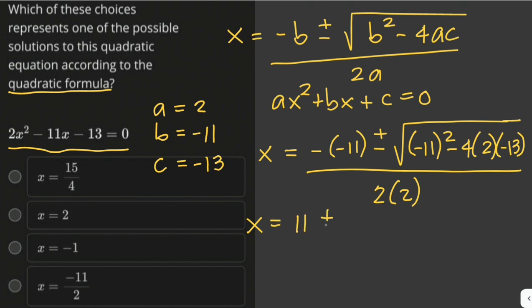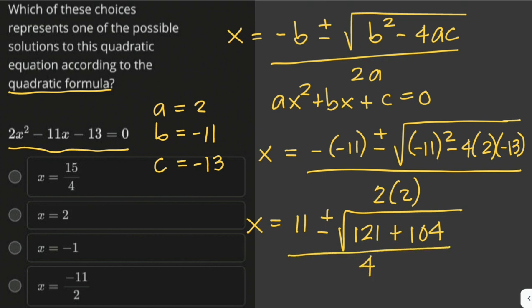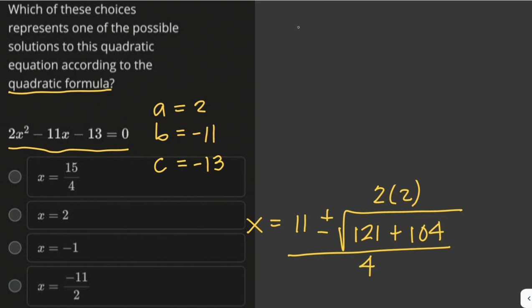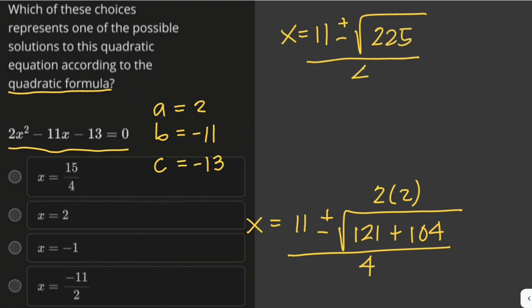This is 11 plus minus square root of 121 plus 104 over 4. So now we have x equals 11 plus minus square root of 225 over 4. And square root of 225 is just equal to 15. So this is just x equals 11 plus minus 15 over 4.